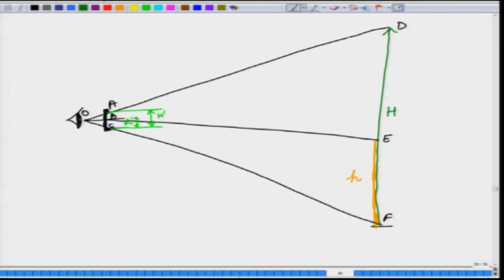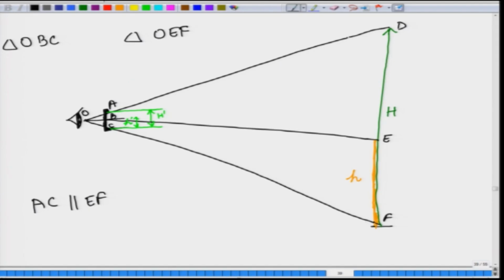Now, if we look at these two triangles, triangle OBC and triangle OEF, we find that because AC is vertical and it is parallel to EF. Now, if that is the situation, you have these two parallel lines.